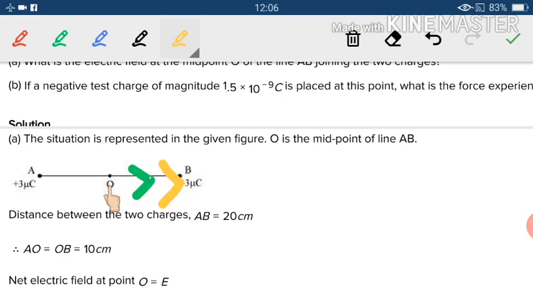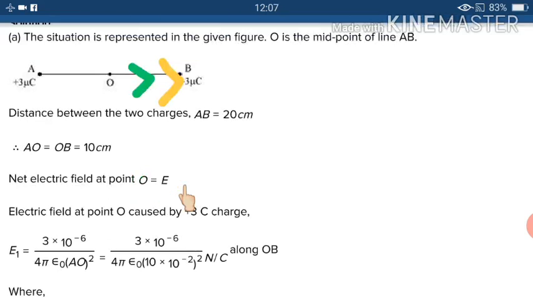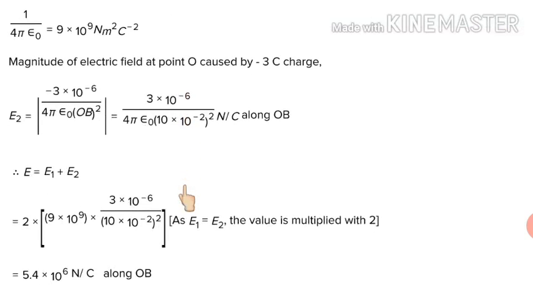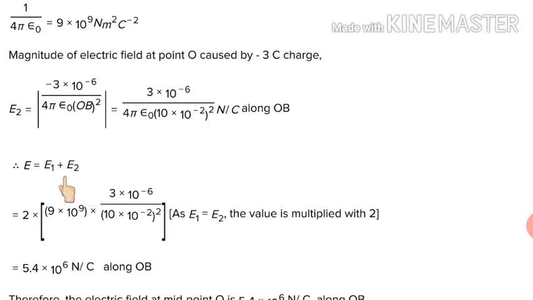And since they both are in the same direction, this is E1, this is E2, so what will be the net electric field at point O? It will be E is equal to E1 plus E2.